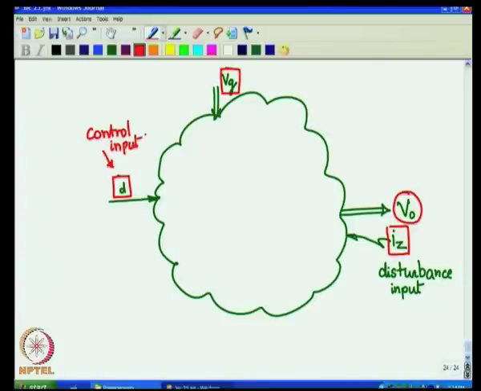So, when you want to design, you need to have a transfer function of the system V naught with respect to D. So, if you take the transfer function, which is the Laplace transform of the output by input, you are required to obtain V naught(s) by d(s). Or if it is a small signal model, V naught hat(s) by d hat(s).